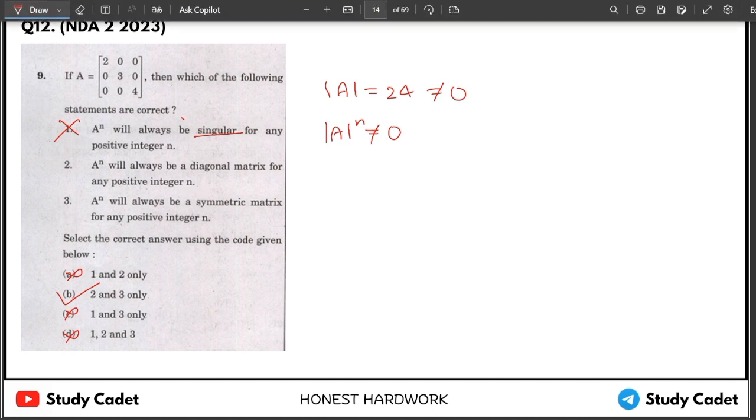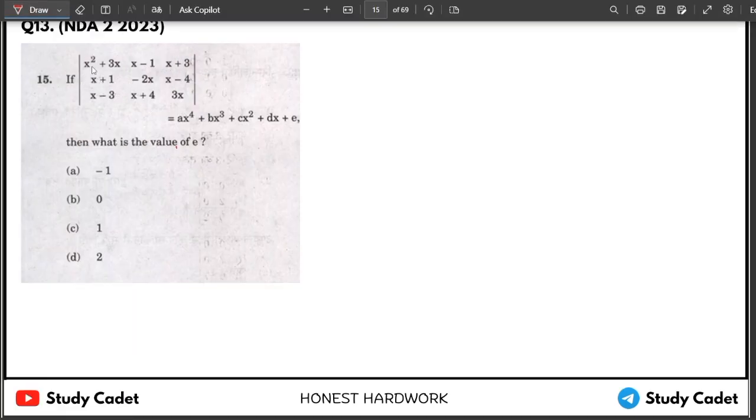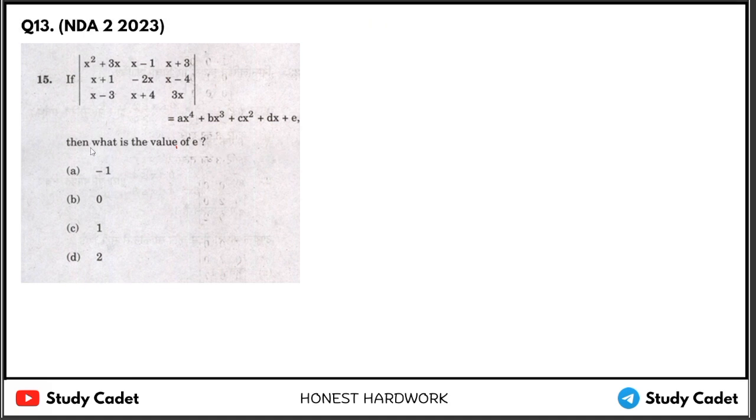Okay, if x squared equals 3x, then what is the value of E? If we put x equal to 0, then this will be 0 0 0 0, we come with E, so put 0 in this determinant. It will be 0 4 and 3 minus 4 0.